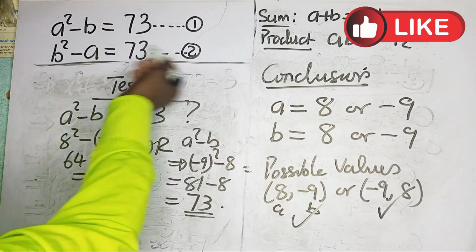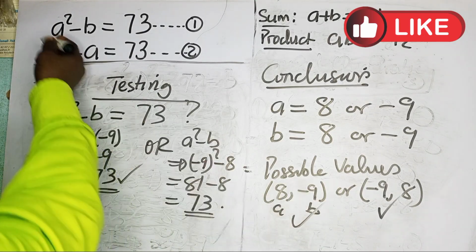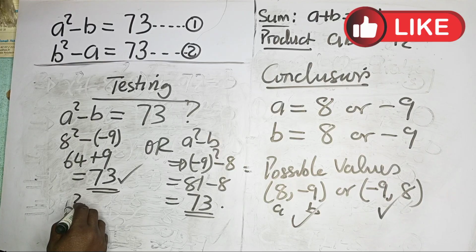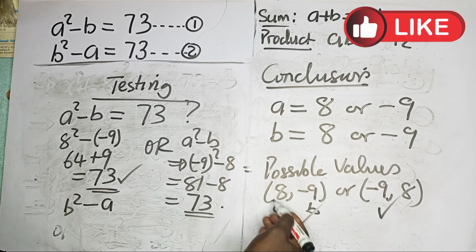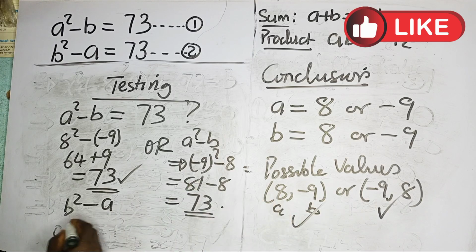The same thing can be done with our second equation. If you want to test with the second equation, you go ahead and test, and you see that the results all agree. Let's just take this one for the second equation. So we have b squared minus a. If we take this one, you see it will just be a repetition of what we had here. It will be negative 9 squared minus 8.